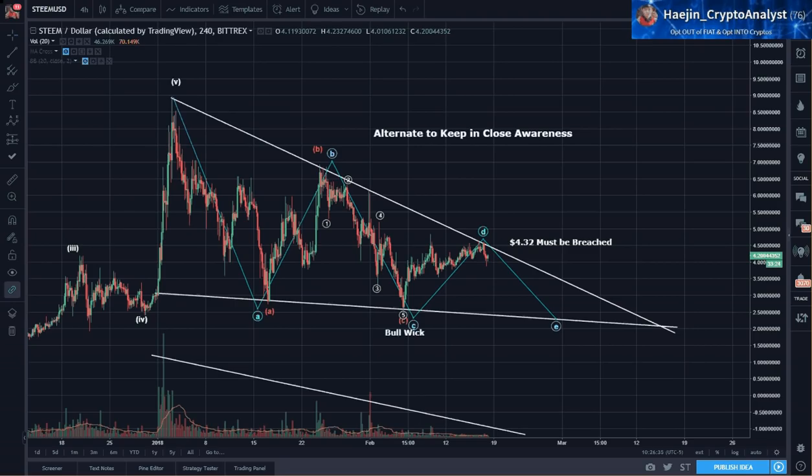So no, this is not my primary account. If this is breached, I'm still maintaining that unless we get a lower low below 350, this uptrend is still intact. And for that, time will just tell us.